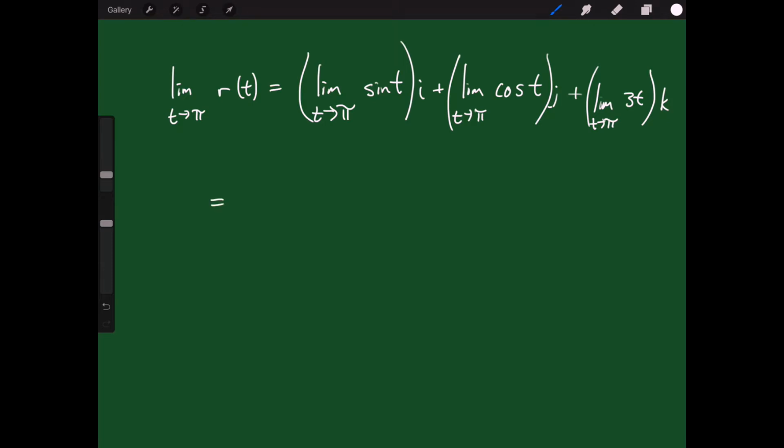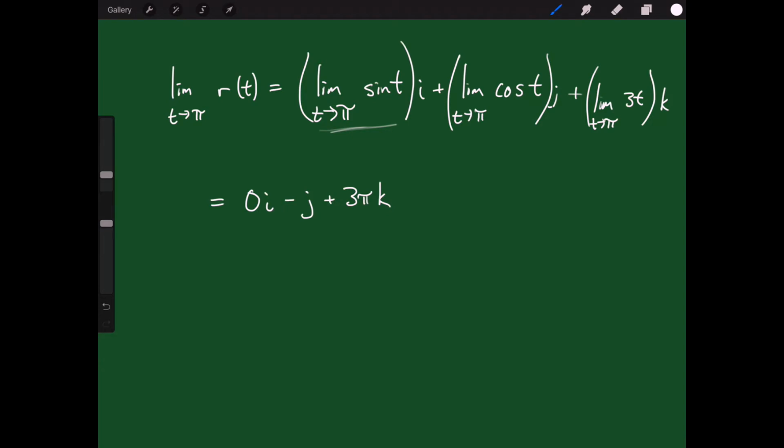The limit as t goes to pi of sine of t: sine of pi is just 0. So I get 0i. Then if I plug in pi, cosine of pi is -1, so I get minus j. And then if I plug in pi to 3t, I get 3 pi, so I get plus 3 pi k.